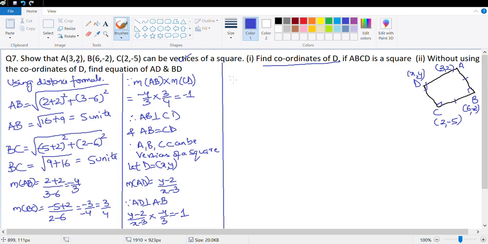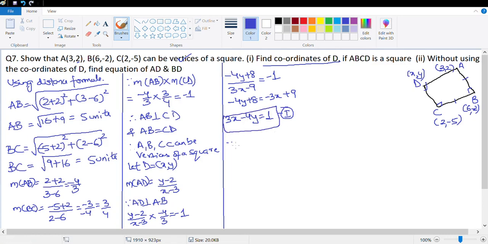So I get negative 4y plus 8 upon 3x minus 9 is equal to negative 1. Cross multiply, negative 4y plus 8 is equal to negative 3x plus 9. Let's take 3x on the same side. So this will be 3x minus 4y is equal to 9 minus 8, which gives me 1. So that's my first equation.